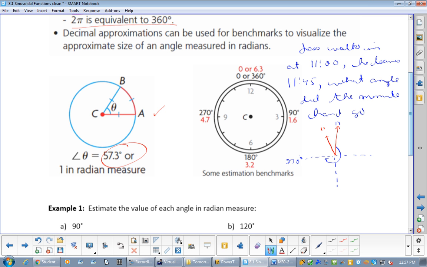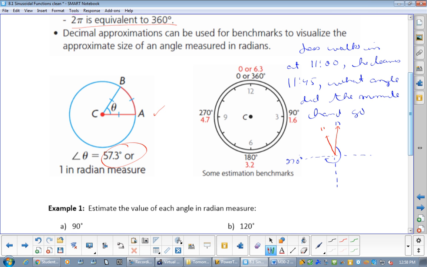Okay, so the clock is often used on the diploma. If he leaves at 11:30, what angle did the minute hand go? 180, right? They're not going to pick 11:27. They're going to pick your 30s, your 15s, or your 45s.